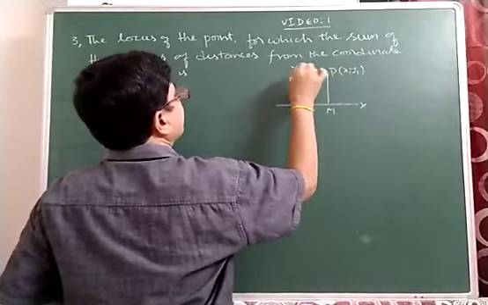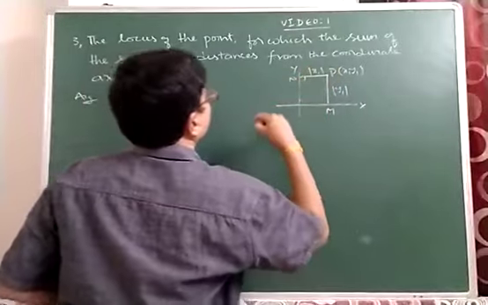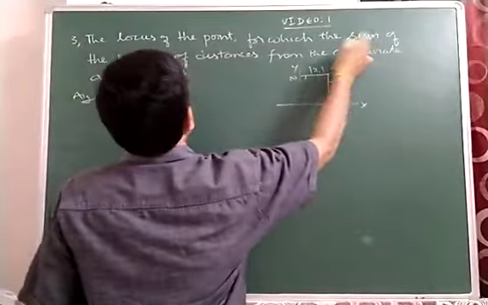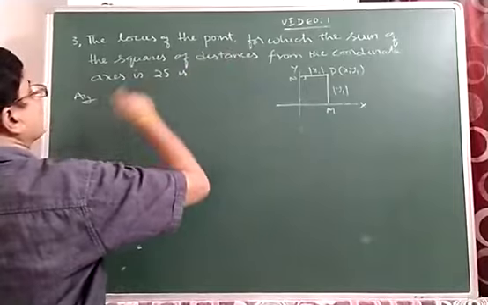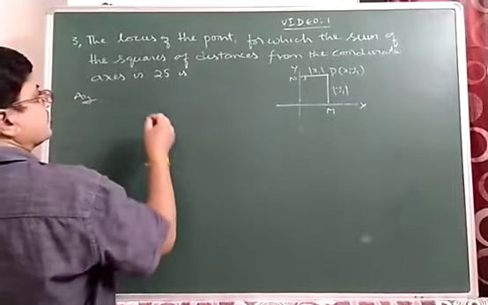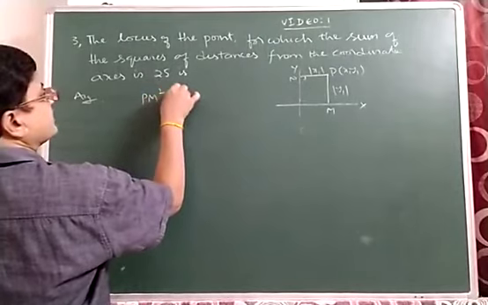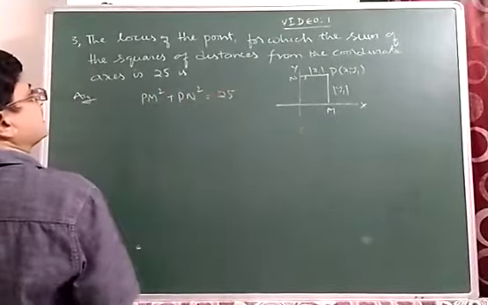This is y1. This is mod x1. Given condition is sum of the squares of distances from the coordinate axis. Sum of the squares means PM square plus PN square is equal to 25. This is the given condition.